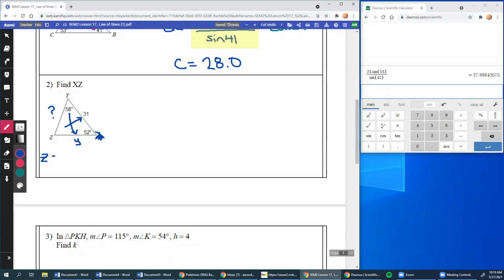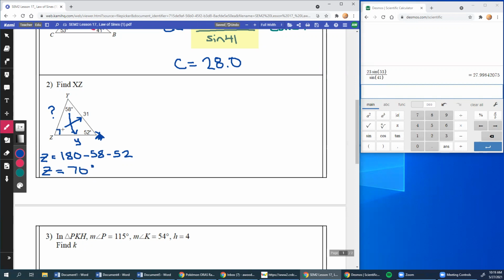Remember, in a triangle all three angles add up to 180. So we just have to do some nice subtraction here. We're going to do 180 minus 58 minus 52. And that tells us angle Z is 70 degrees.